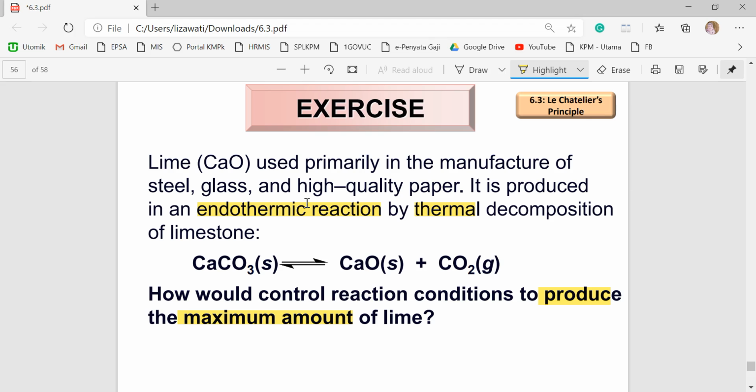It is mentioned here as endothermic, which means the forward reaction is endothermic and the reverse reaction is exothermic. Now we want to increase the amount of lime, which refers to CaO.